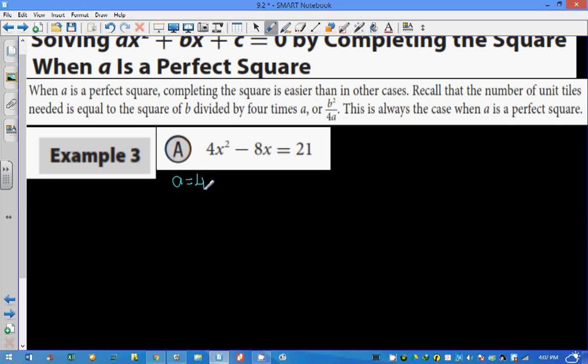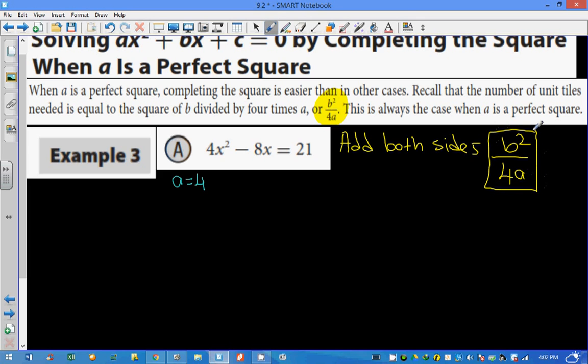So we have the key formula. Now when a is bigger than 1, we are going to add to both sides b squared over 4a. This is the main formula.